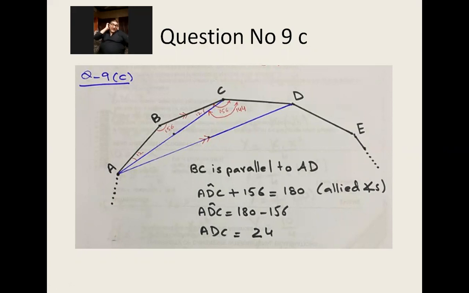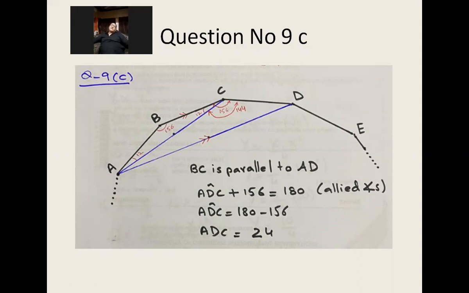We want the angle ADC, and if you look at the diagram carefully, you will see that these two lines are parallel. The BC and the AD, they both are parallel to each other. So if you want to find out this angle, then this whole angle, which is 156, and this angle here, ADC, they are allied to each other.